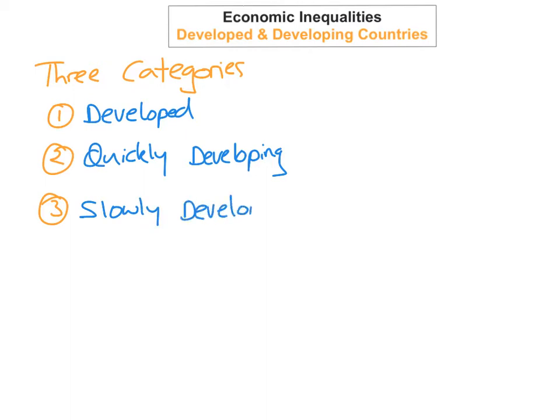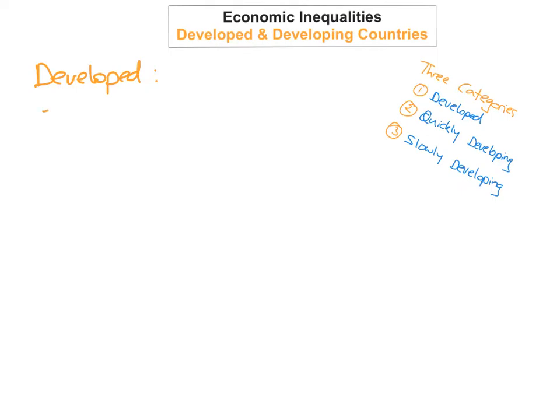So those are the three different categories: developed, quickly developing, and slowly developing. And we're going to look at each of these categories now.